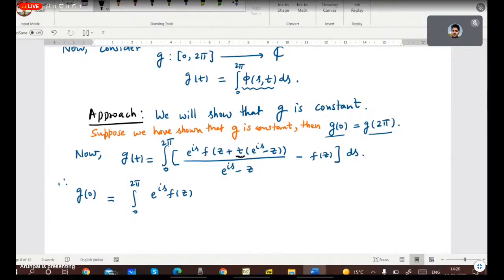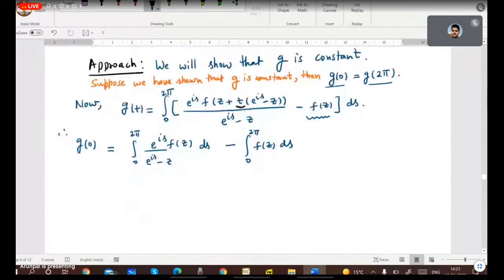Divided by e^{is} minus z ds, minus the integral from 0 to 2 pi of f of z ds. I think you must have got it. I have separated this portion. Is this okay, class?